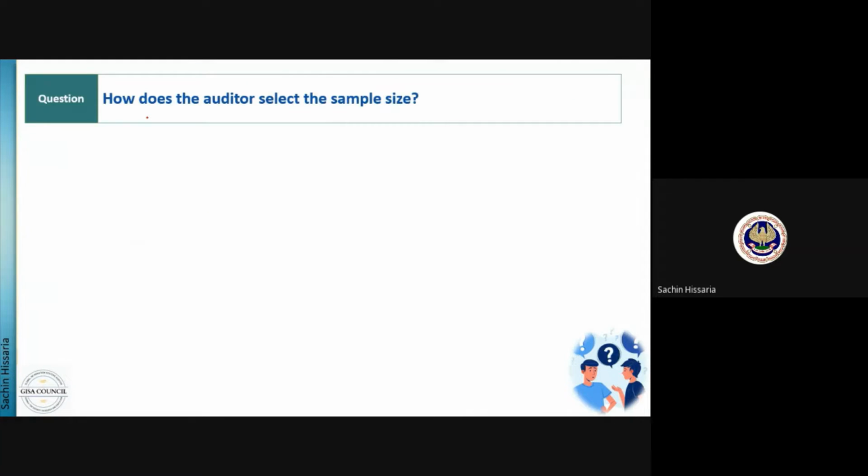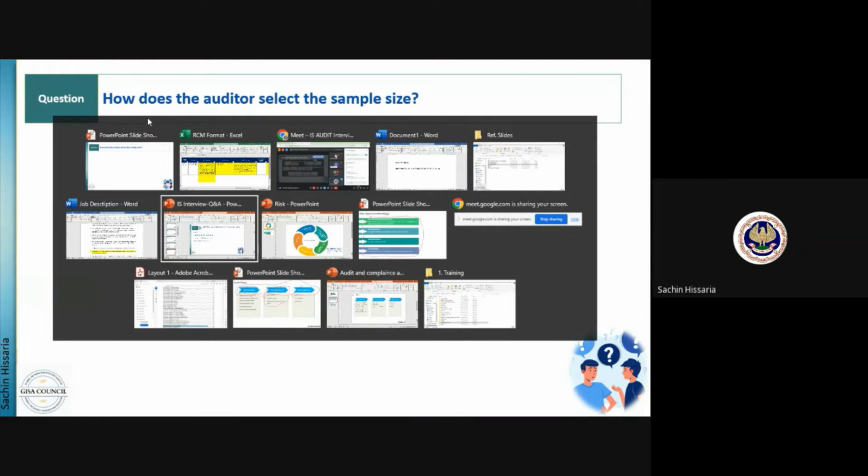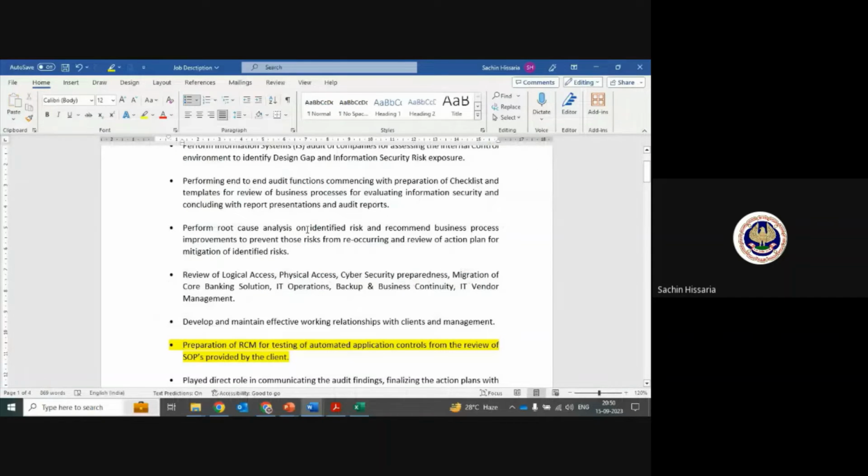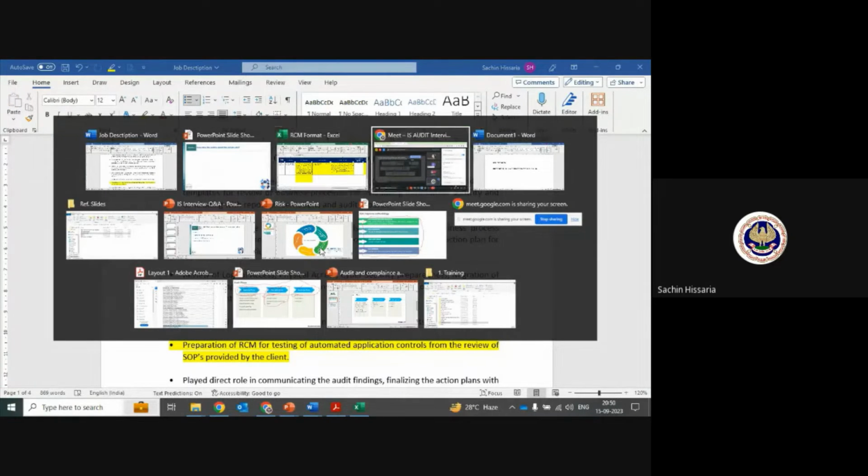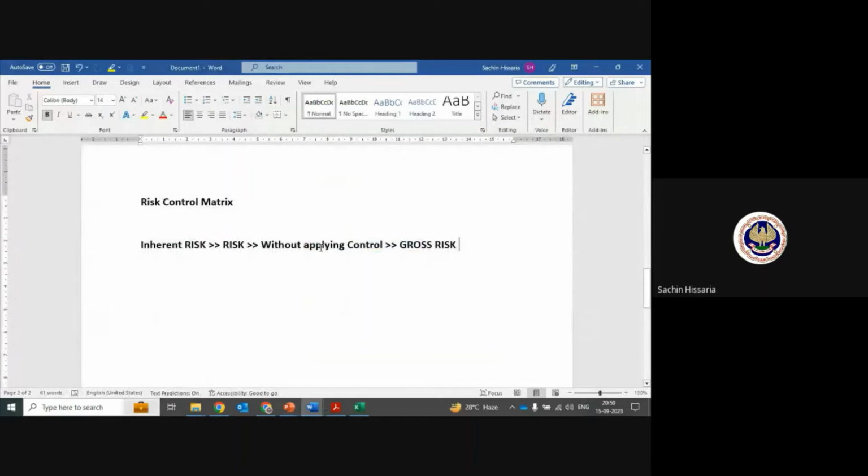Okay, the next question is, as an auditor, how will you select the sample size? Again, this question is very frequently asked, because as an auditor, in every scenario, whether it is a change management process, a user access management process, or an incident management process, we need to select the appropriate samples.